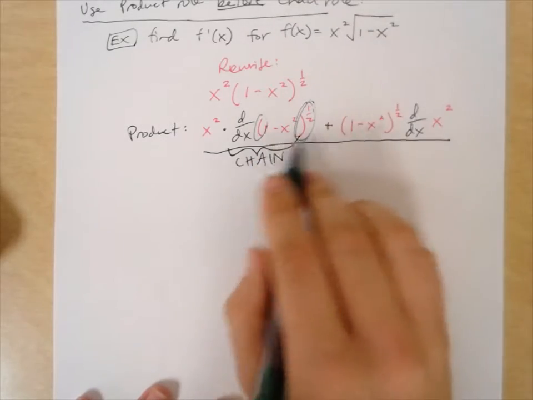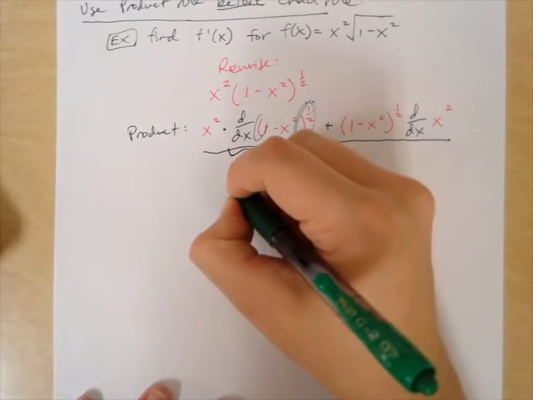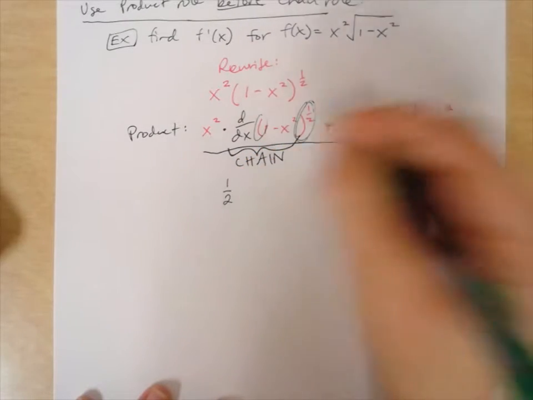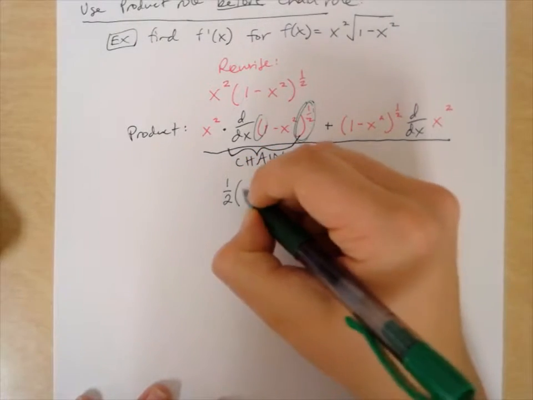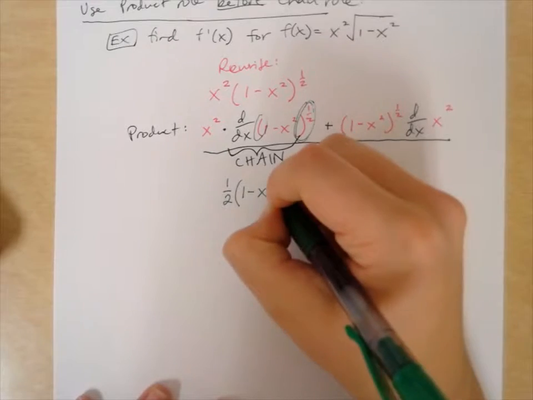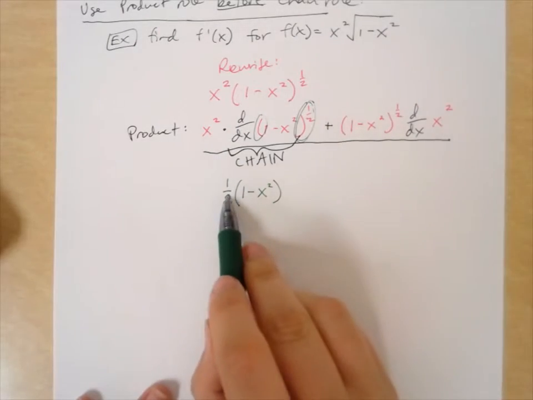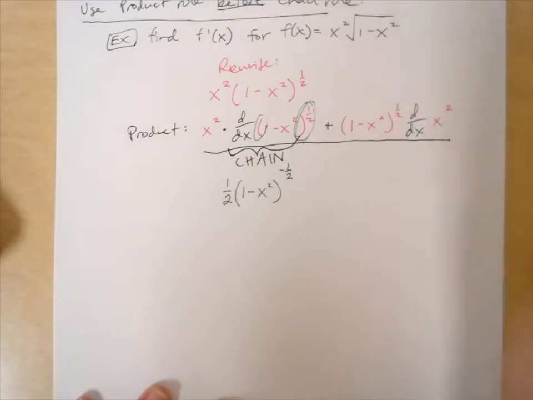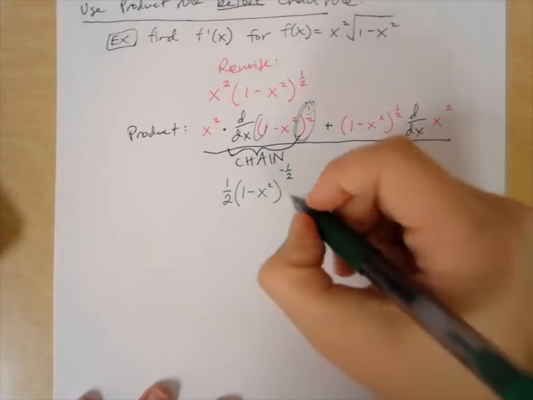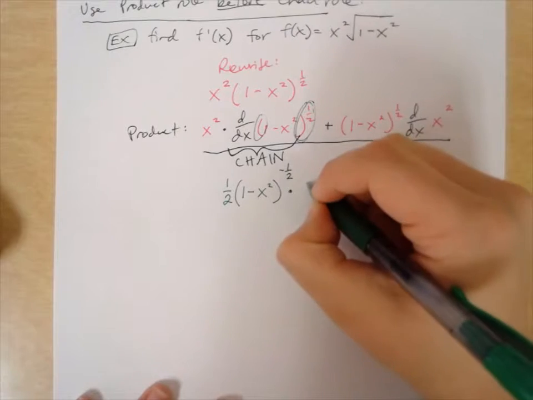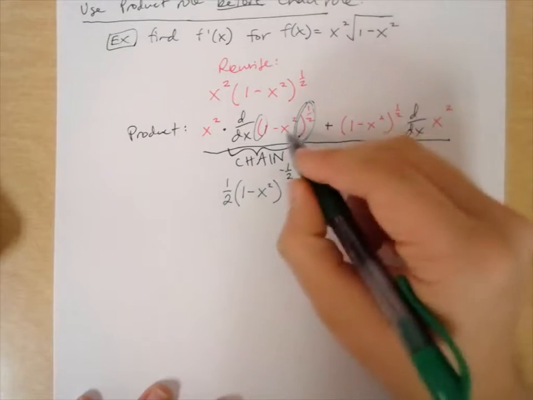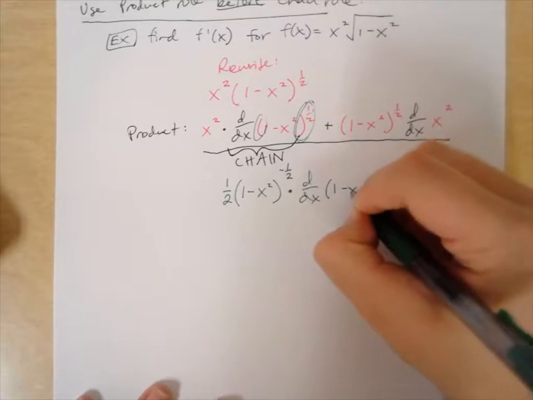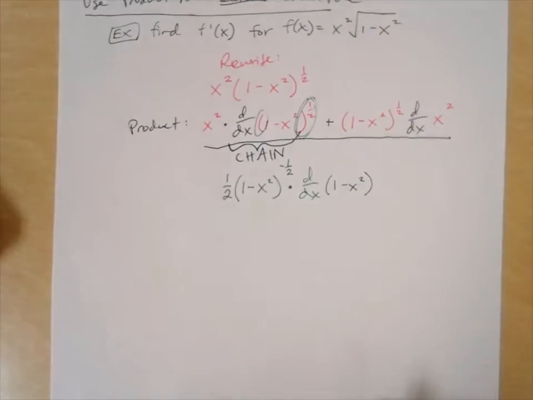So I have something to the 1/2 power, which means that I put the 1/2 in front, and then I say 1 minus x squared to keep what's inside, and then I say to the 1/2 minus 1, or to the negative 1/2. And then I say times the derivative of what's inside here, times the derivative of 1 minus x squared.